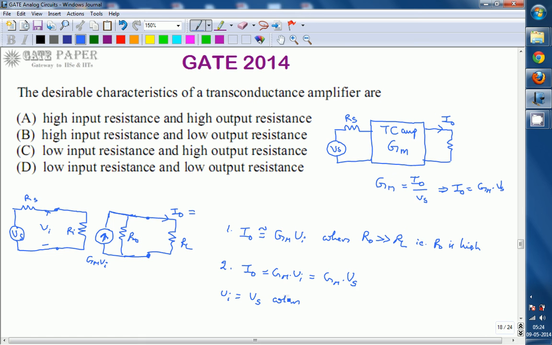So if Vi has to equal Vs, Vi is the voltage across the internal resistance and Vs is the applied voltage.